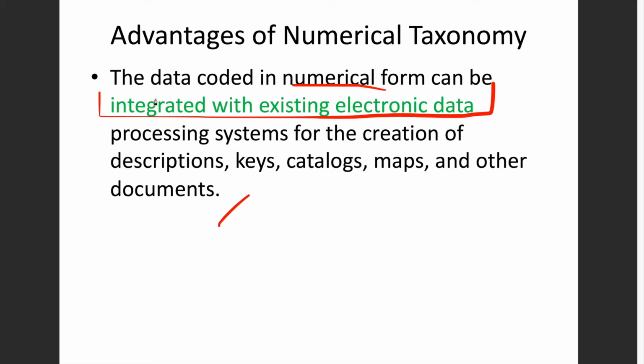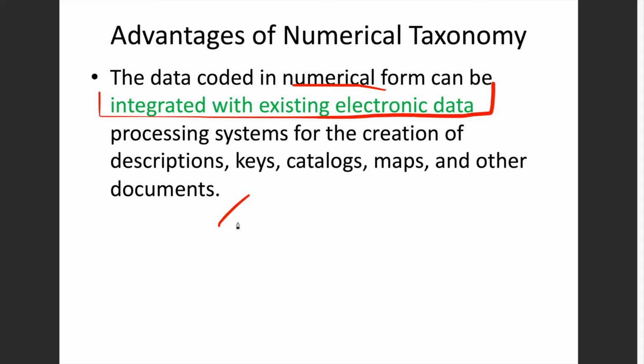Since you converted all your data into a much more compact, numerical form that you can upload in your database, in your catalogs, no? You can use it later on to cross-reference your other discoveries, your other species, no?